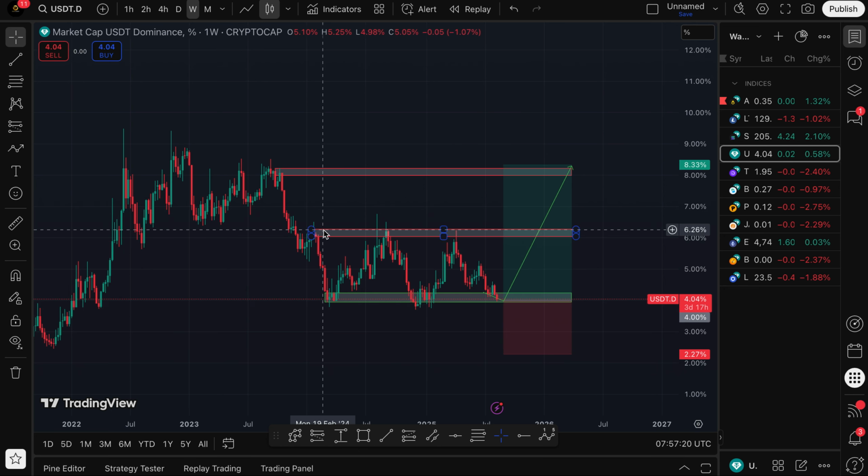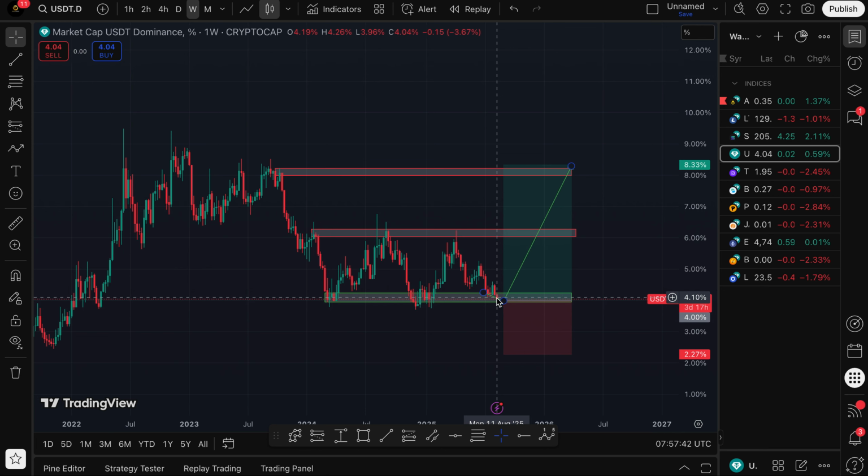I marked out here as the first resistance and here as the second resistance. The reason is because prices came down here, they dropped, they came down here, they dropped, they came up here, they dropped. So here is our local resistance, and here our CL can pass for our local support.